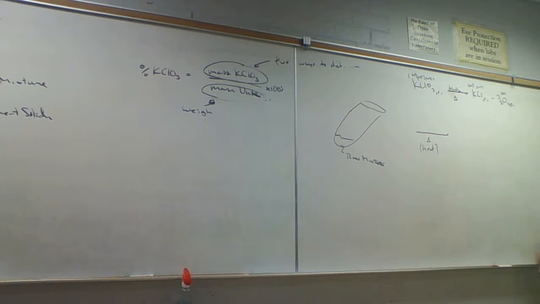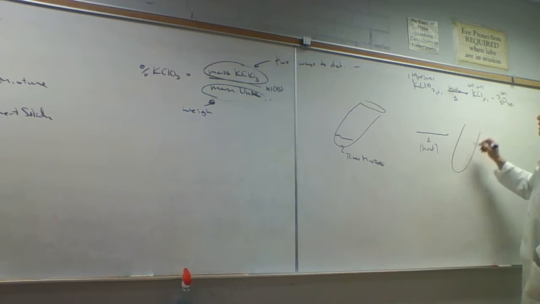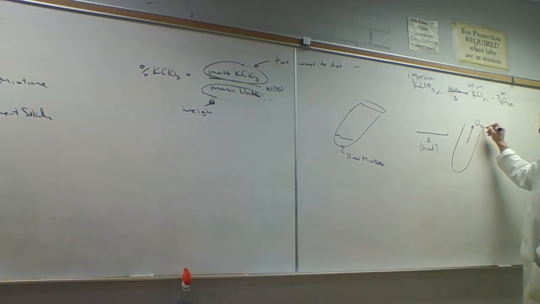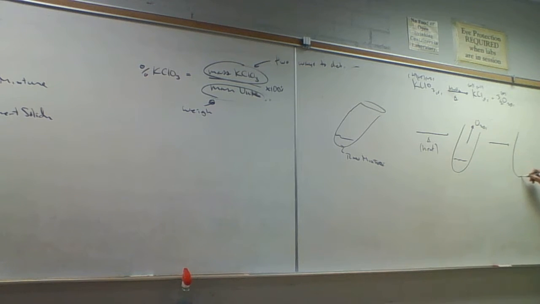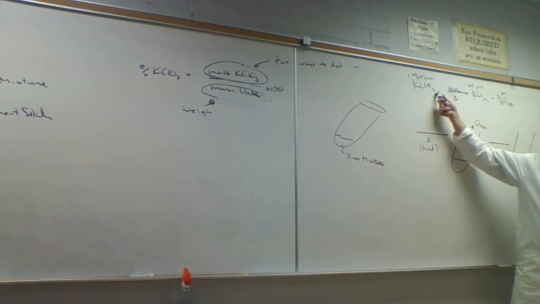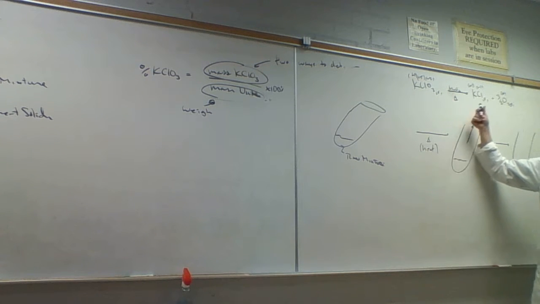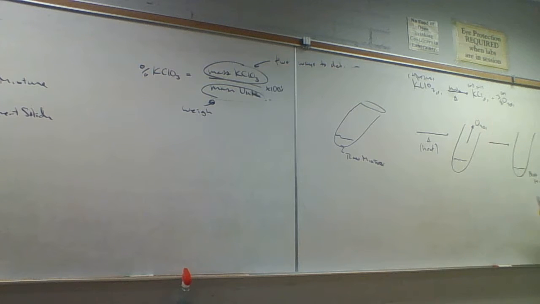As we heat this, what's going to be observed is that the O2 gas is going to escape. Once the reaction's over, what we have is the product mixture. The difference between the reactant mixture and the product mixture is this. We started off with KClO3 solid plus inert. We end up with KCl solid plus inert. The O2 gas escapes out the top of the test tube.